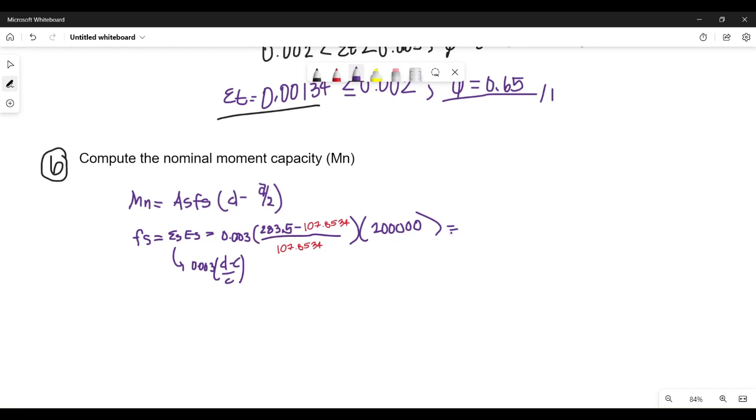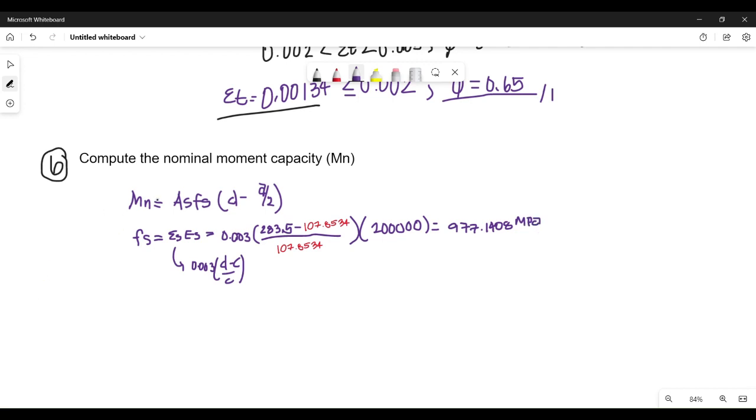Equal to 0.003 times effective depth 283.5 minus 107.8534 over 107.8534 times 200,000. This is 977.1408 MPa. That's our Fs.